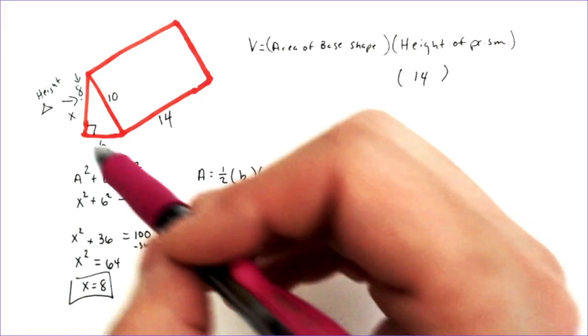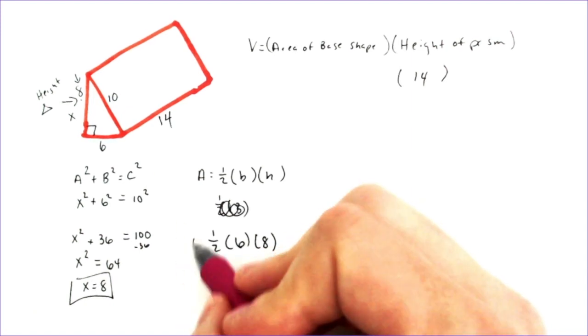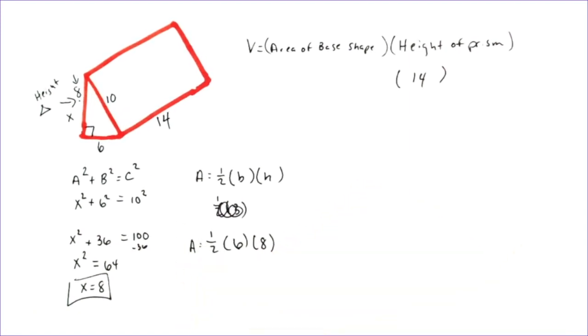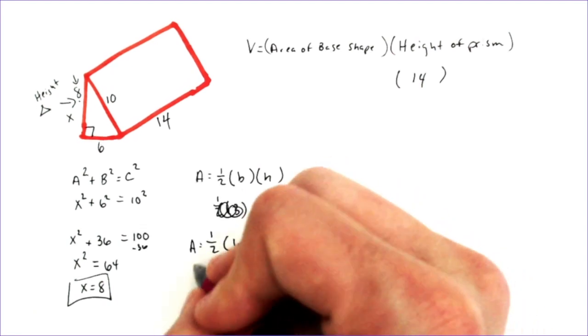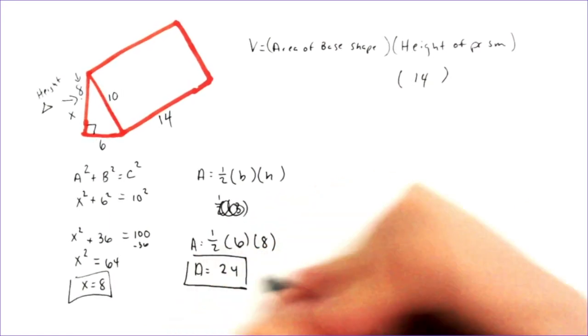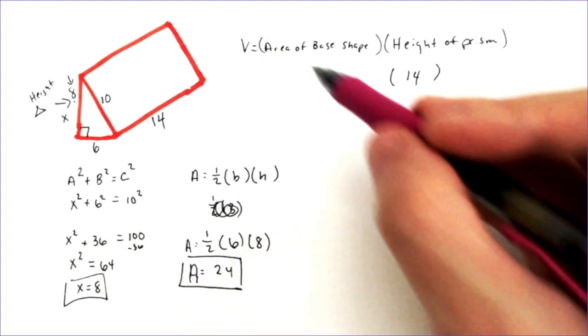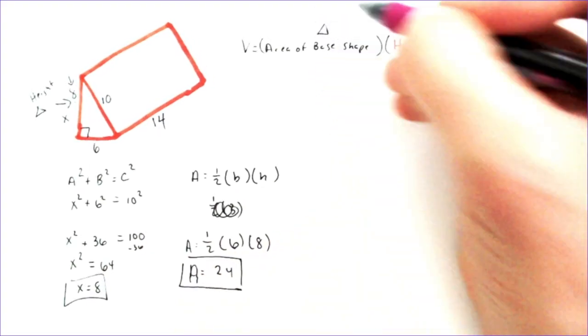Area of any triangle is 1/2 base times height. If you multiply those together, 0.5 times 6 times 8, you get 24. So that is my area of the base shape, which is the area of the triangle.